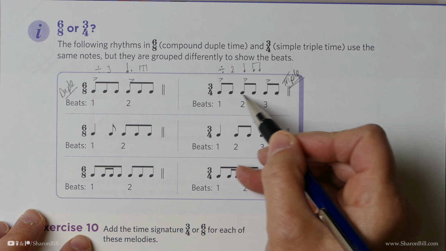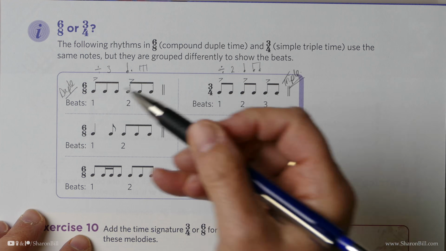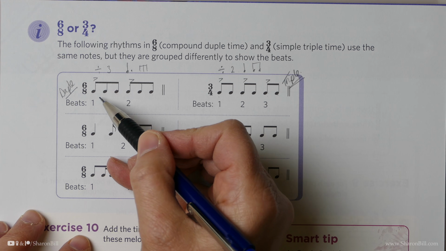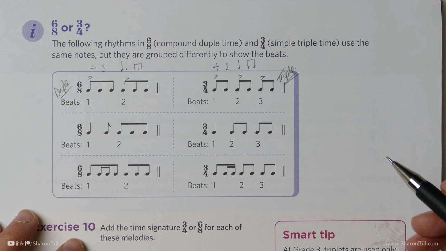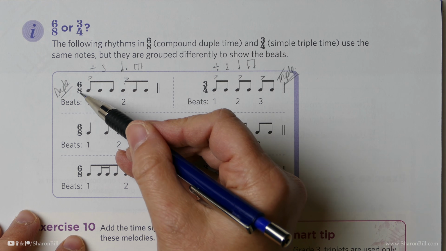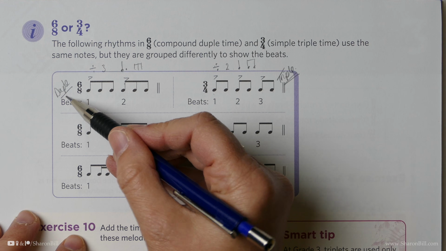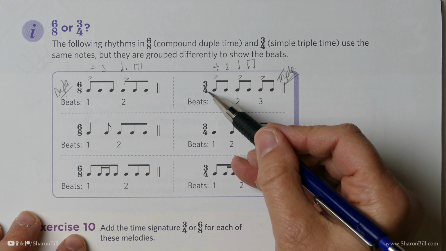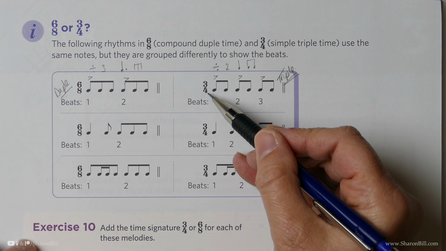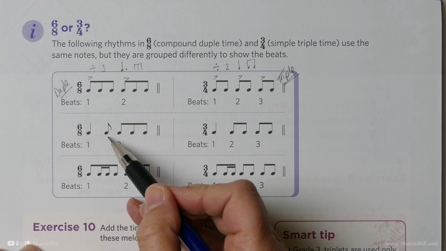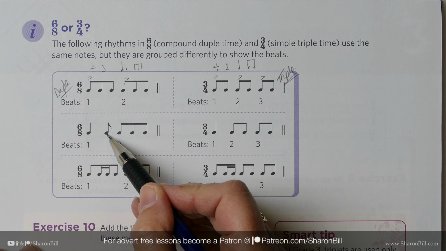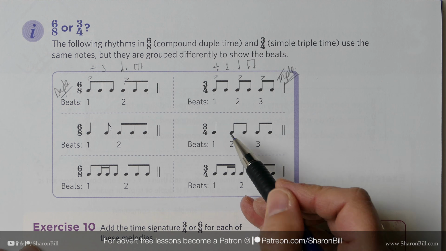Here we have 3 beats in a bar, 3 crotchet beats. Here we have 2 beats in a bar, 2 dotted crotchet beats. And the way that we beam things should always reflect whether we're in this duple compound or the simple triple. And so here we can see we've got 1, 2, 3, 4 quavers, 1, 2, 3, 4 quavers.